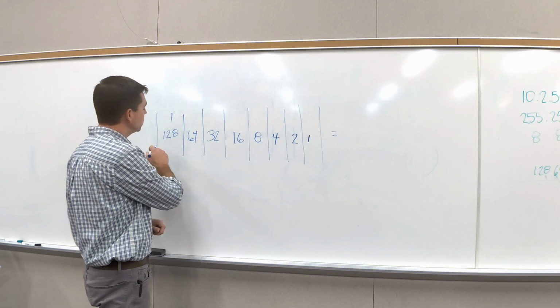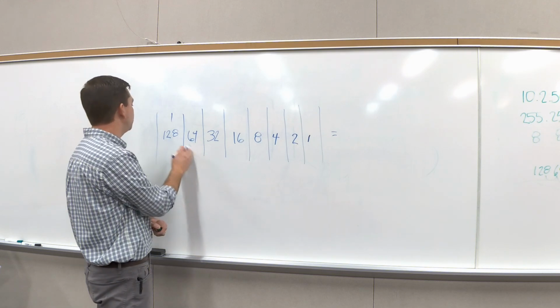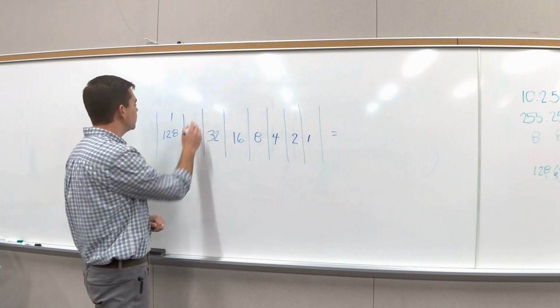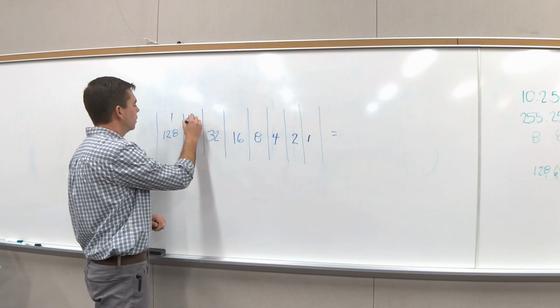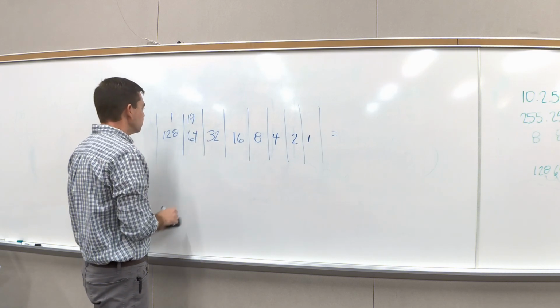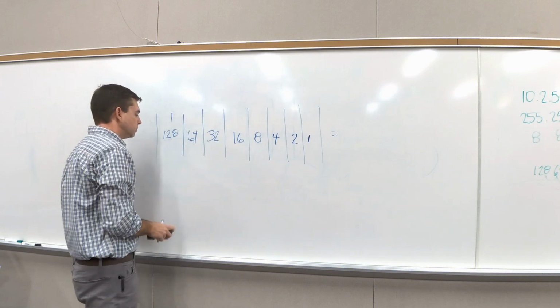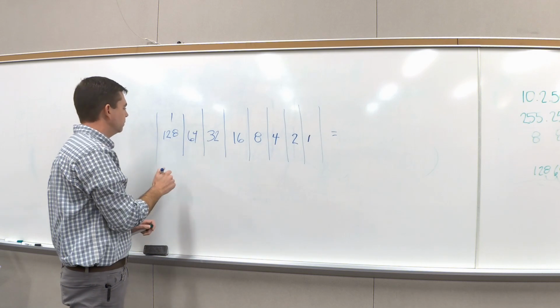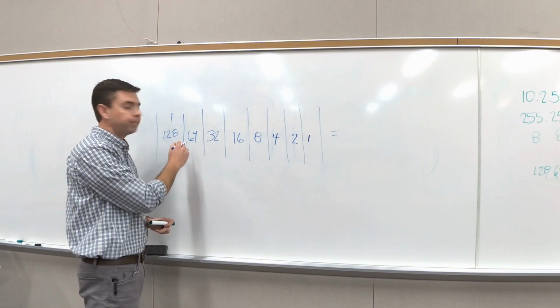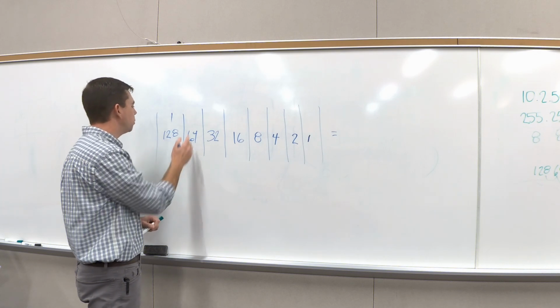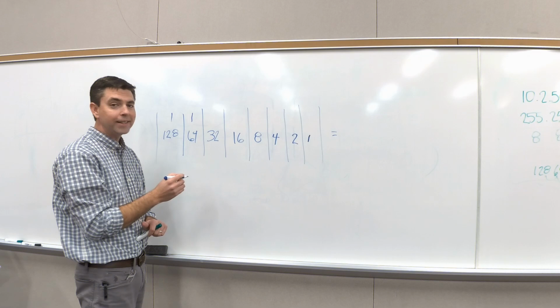How about 64? Let's see. 128 plus 64 happens to be 192.